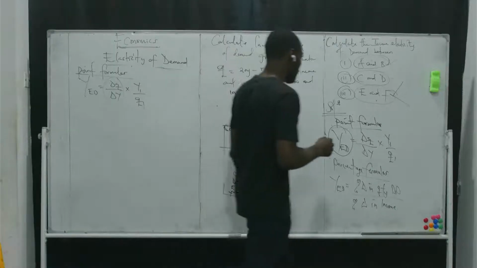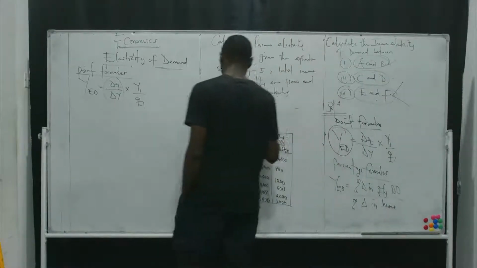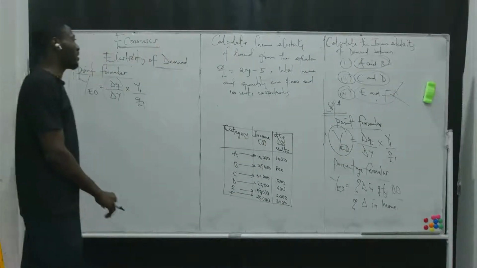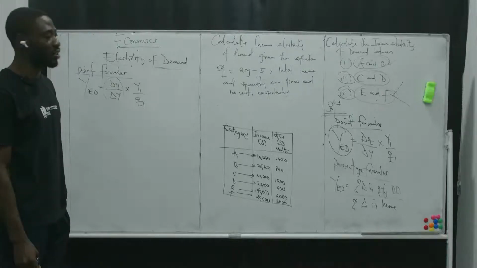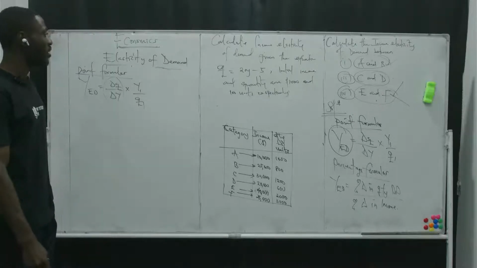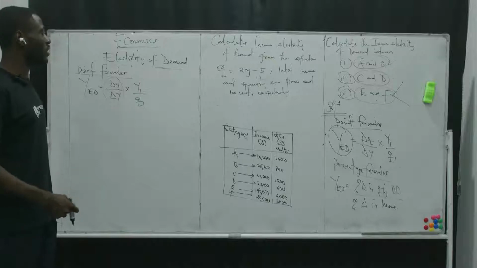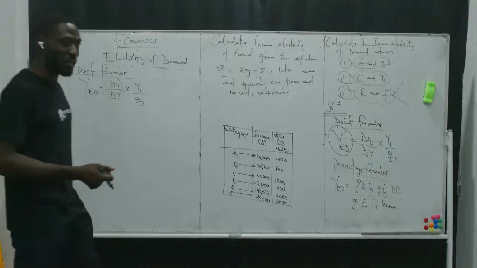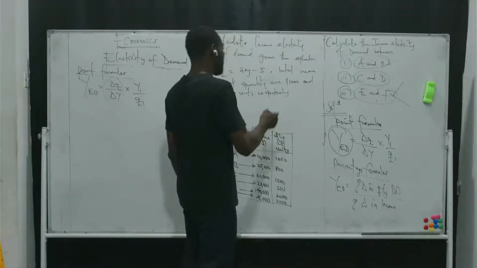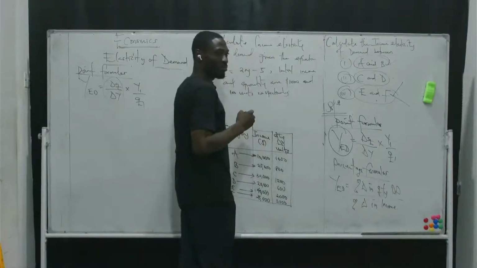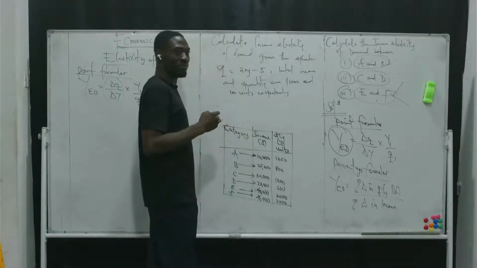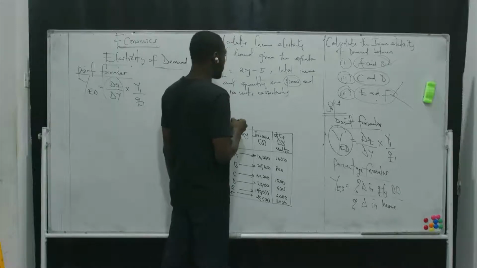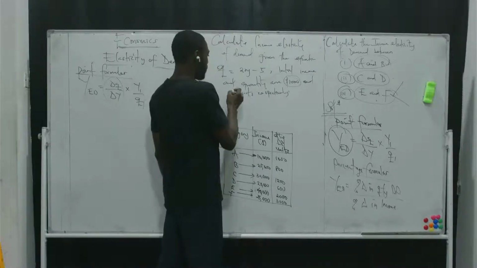Okay, now please take a look at this question. Calculate income elasticity of demand, given the equation Q equals 20y minus 5. Initial income and quantity are $1,000 and 100 units respectively. What does this mean? It means the initial income is 1,000 and the initial quantity is 100.